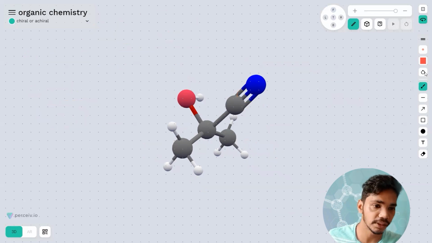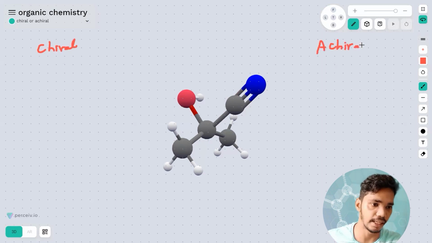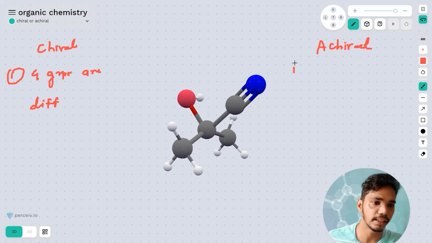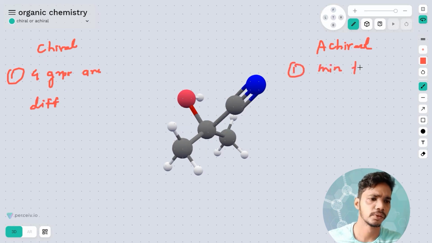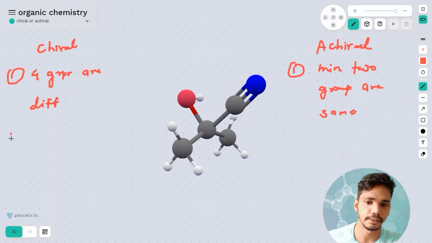What we have just studied, the first is chiral, the other is achiral. In a chiral center the four groups are different, and in an achiral center a minimum of two attached groups or atoms are the same. It is denoted by an asterisk mark.